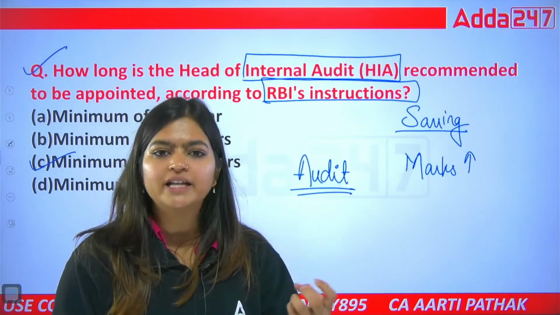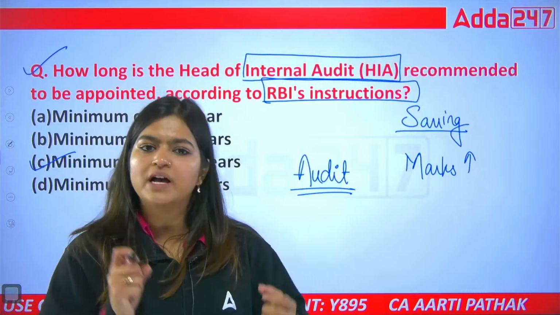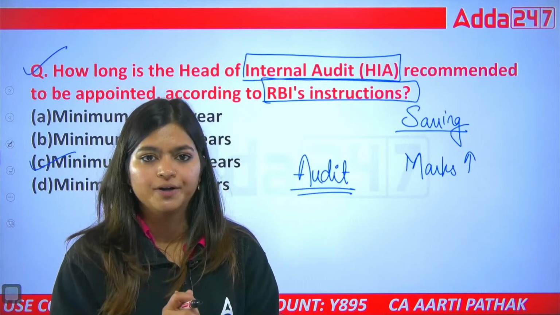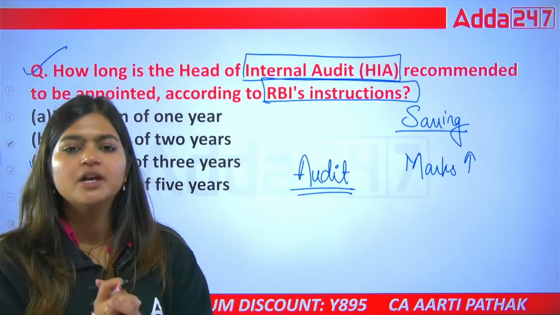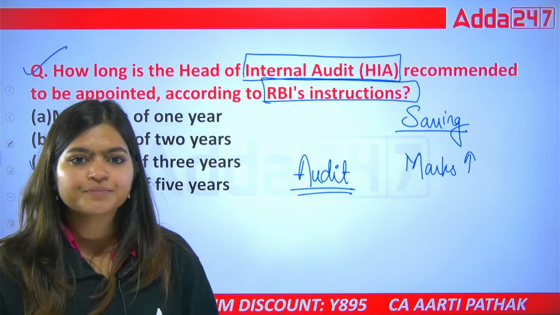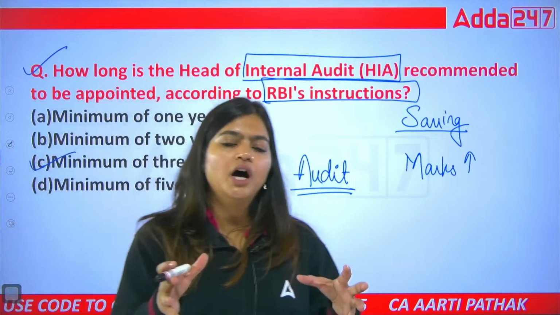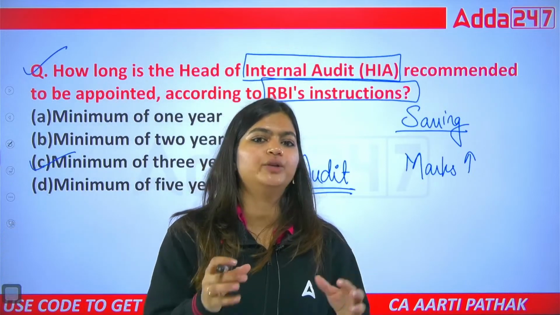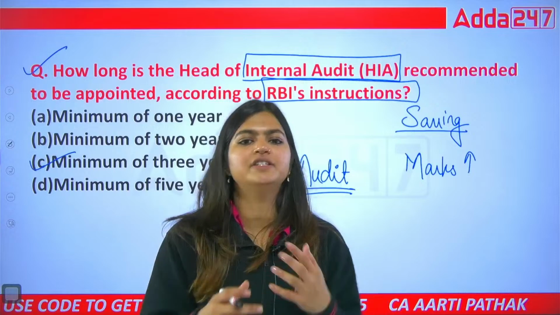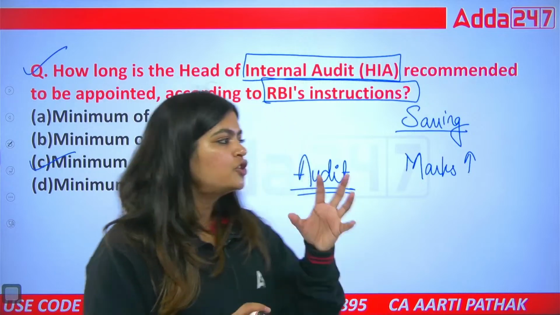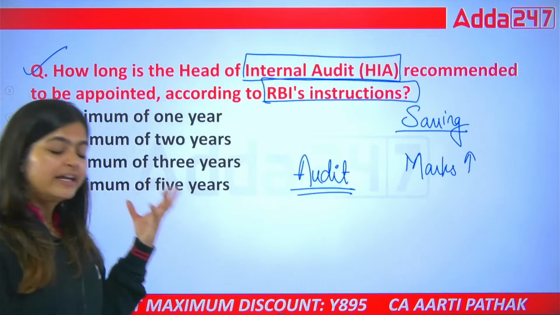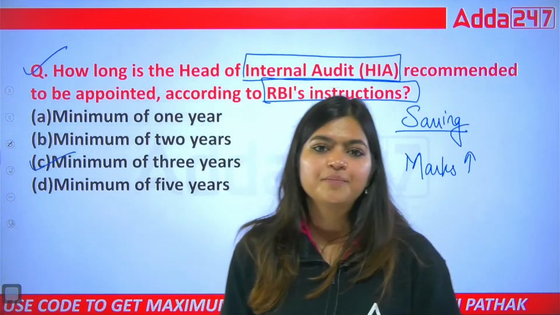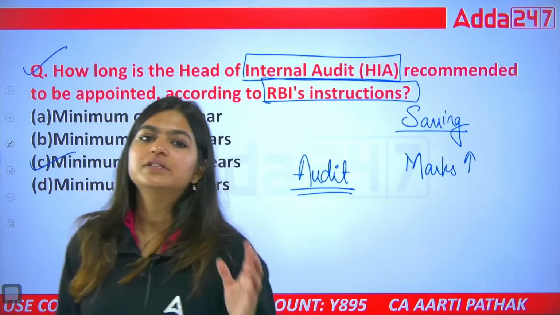If you are continuously auditing, checking your books, accounts, transactions, that is a concurrent audit. But for the management checkup and for your internal checkups, we do the internal audit. So remember, this is the question from your module A, where we talk about the different types of audit. Okay? So this is basically your direct question. Remember, these types of questions give you direct marks. Along with that, this saves time also.